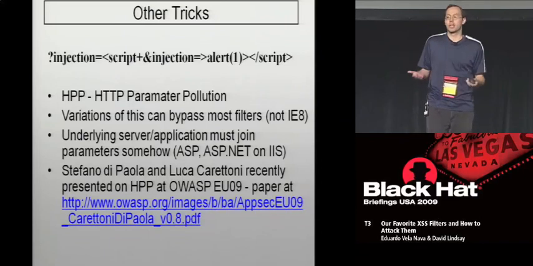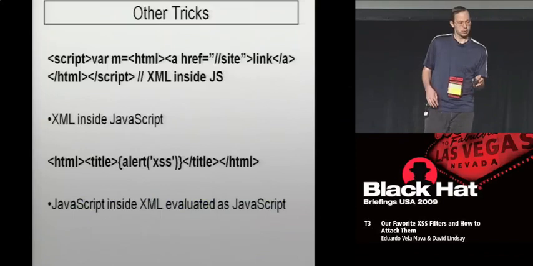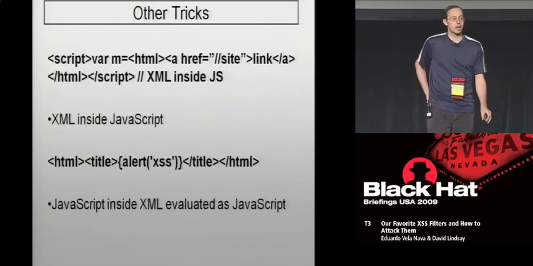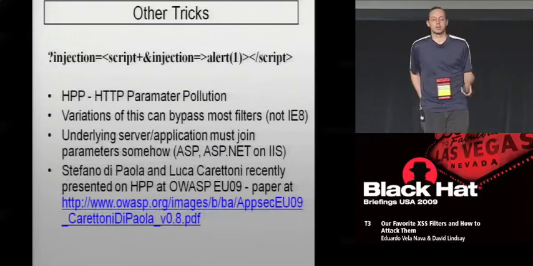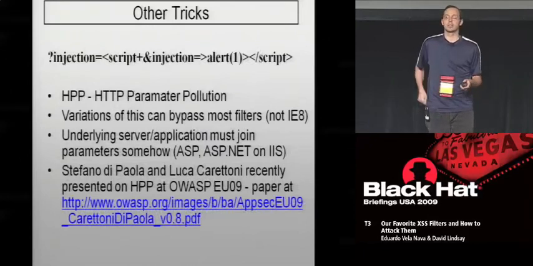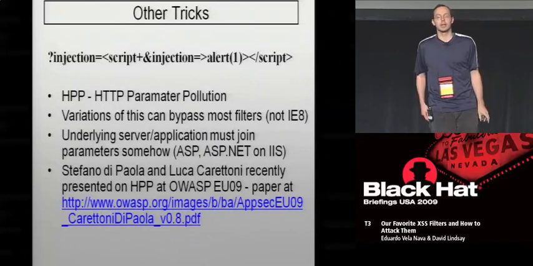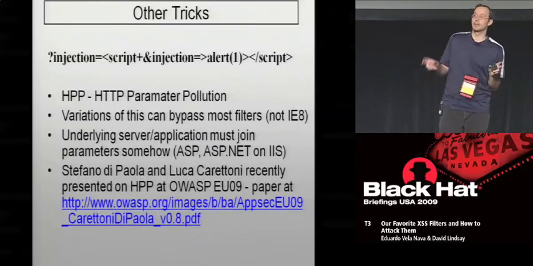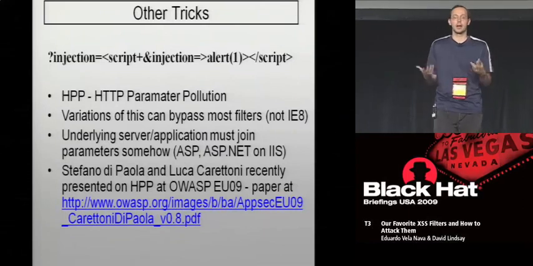And in each case where you have different technologies doing different things, that's kind of ripe ground for abuse. And so you can do things like this in order to create a cross-site scripting injection and break it up into multiple parameters and have it join in such a way that each individual piece is not going to be detected by a filter, but together they combine in a vulnerable way.